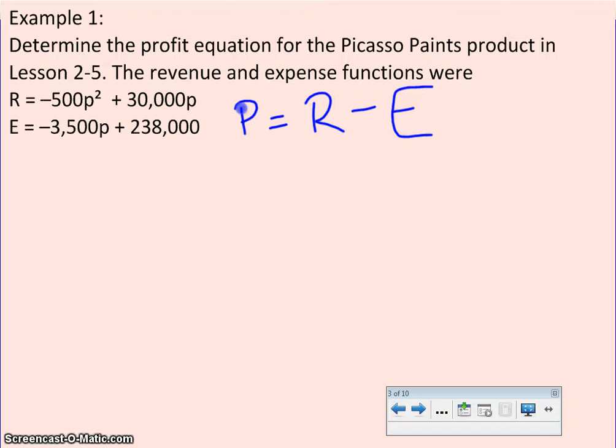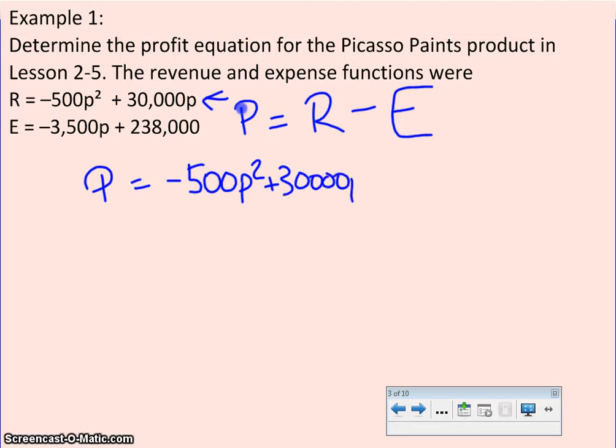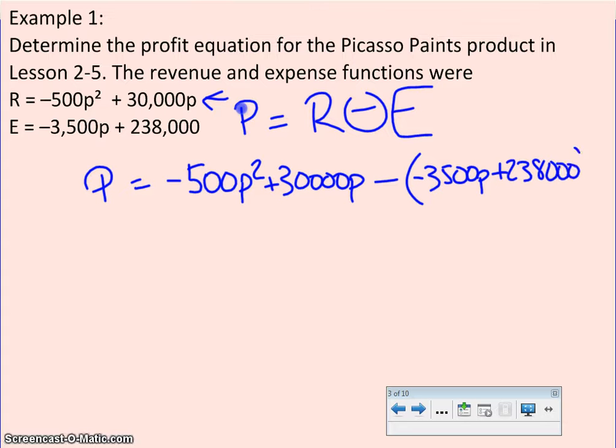you actually paid. So looking at this, profit equals, well, my revenue equation is right here, so it's negative 500p squared plus 30,000p, and it's subtracting, so it's minus, and I'm actually going to put this in parentheses, negative 3,500p plus 238,000.